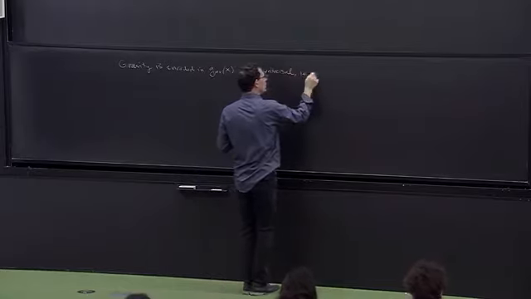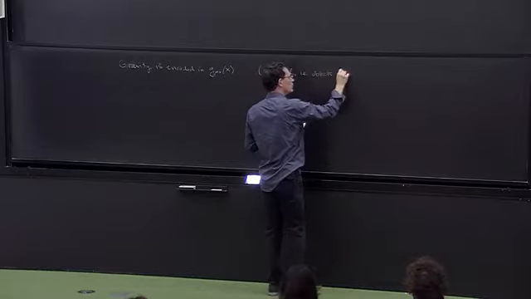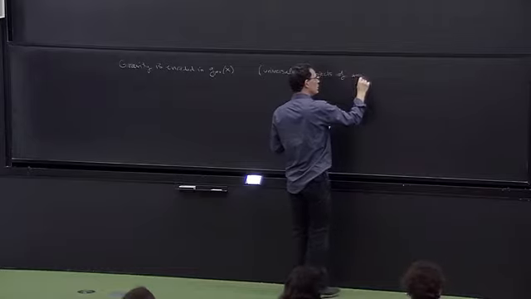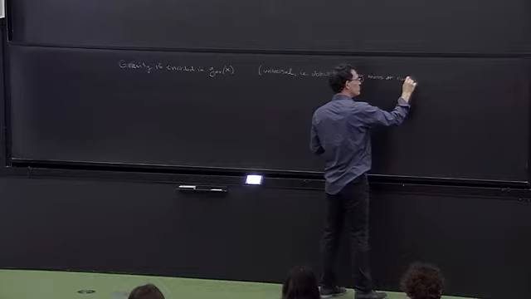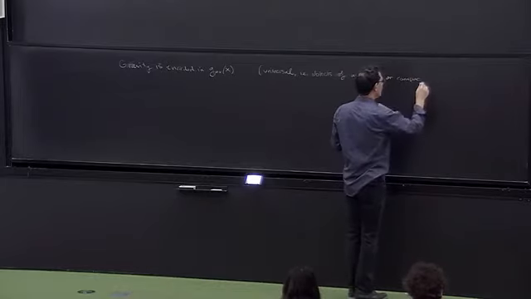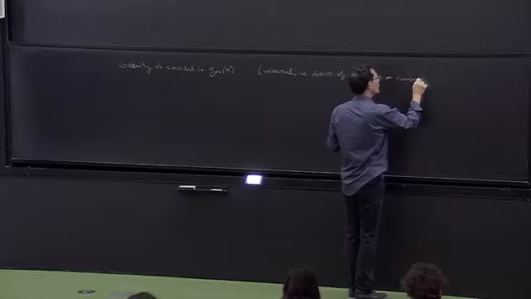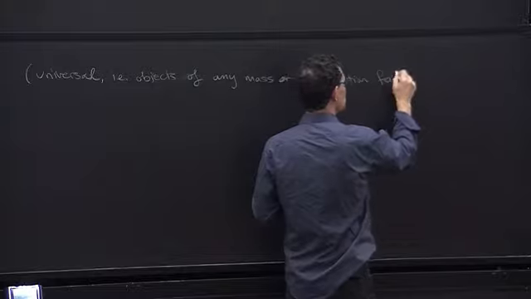That is, objects of any mass or composition, it doesn't matter what you're made of, you can be made of copper or carbon or anything else you like, fall in the same way.